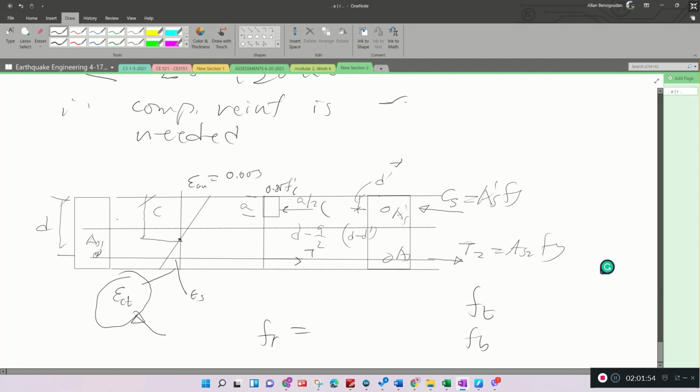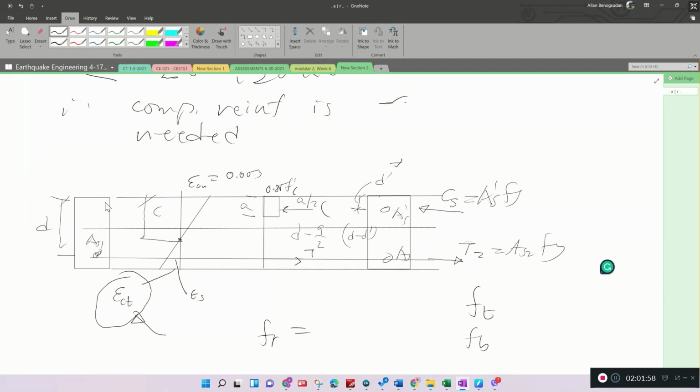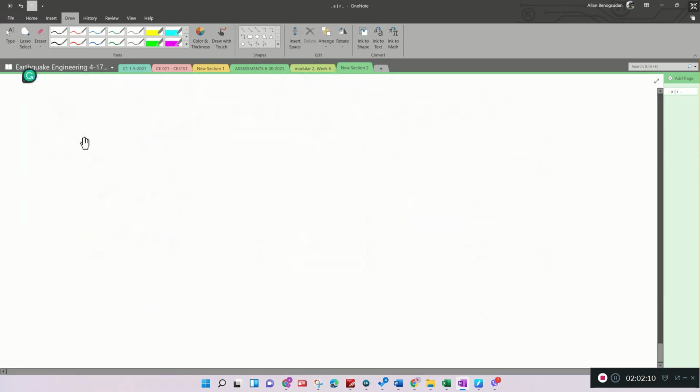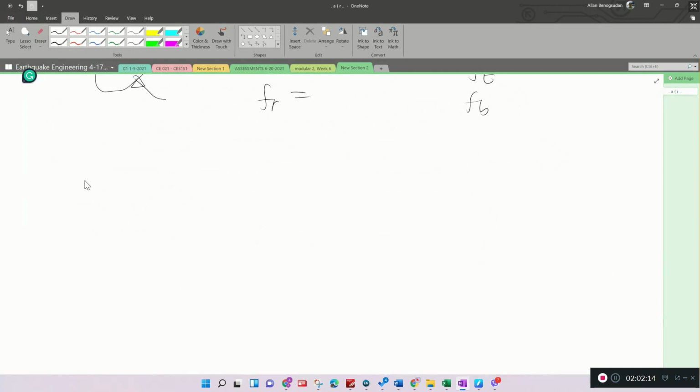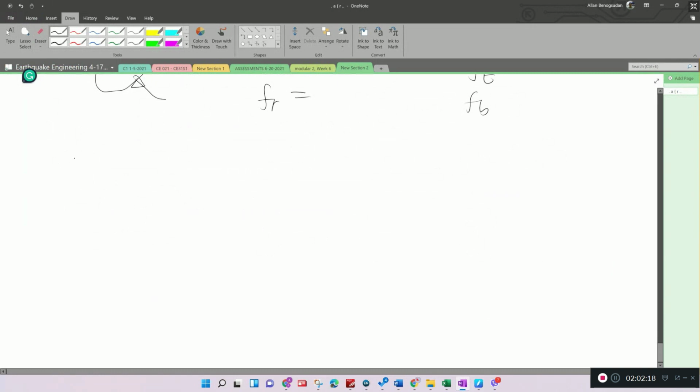So, C sub S. So, sulat ko lang yung mga ano ha. So, A sub S, ano ba yung sagot? Mu, A sub S1. Okay, A sub S1. So, you have to compute for A sub S1. A sub S1, ano ba to?